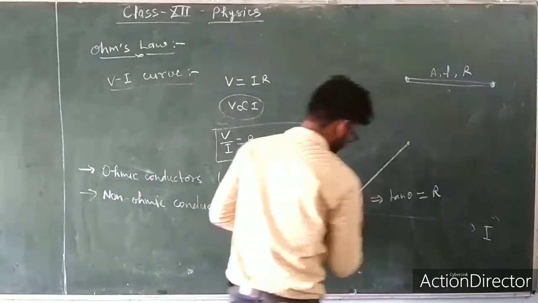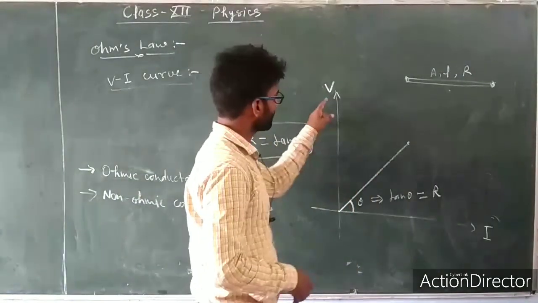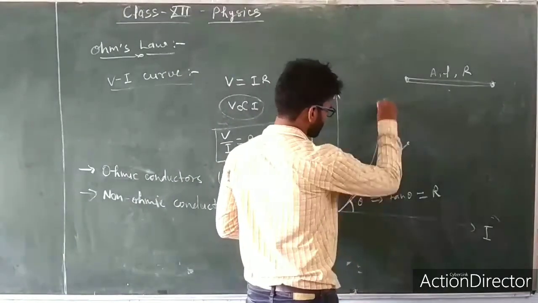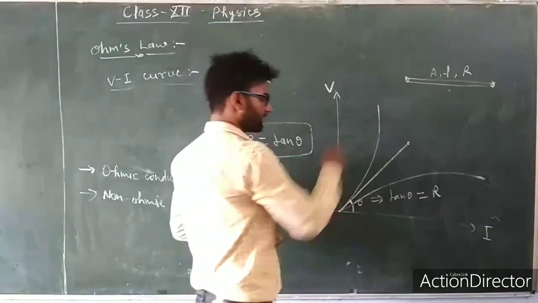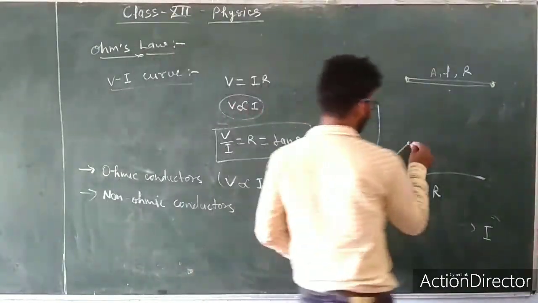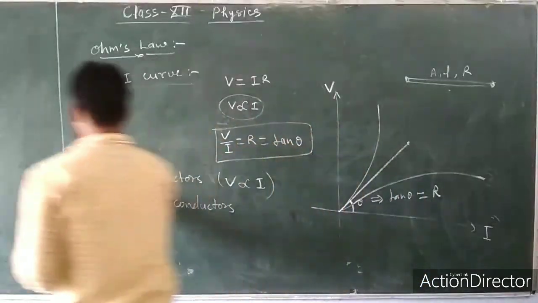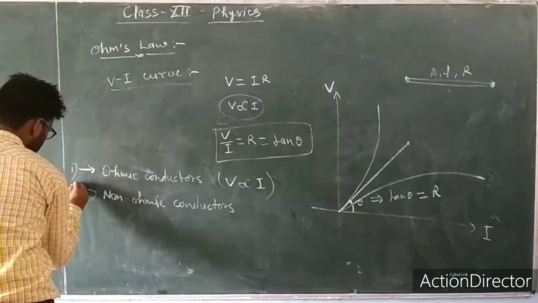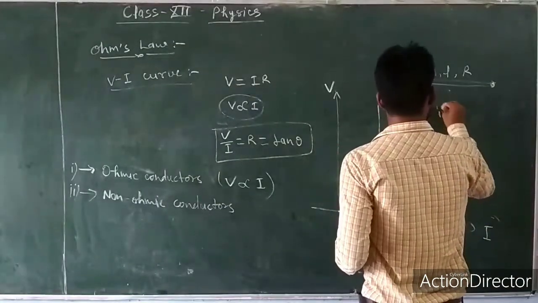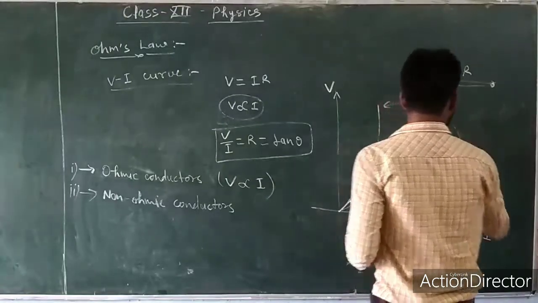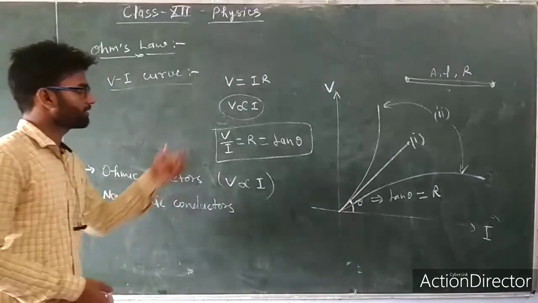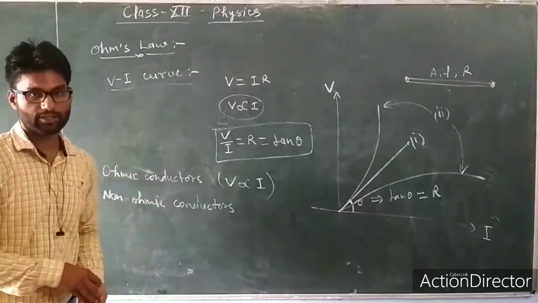If we draw the VI curve for non-ohmic conductors, it will be something like this or like this, anything other than a straight line. This is for the first one, ohmic conductors, and these are for the second one, non-ohmic conductors. Hopefully ohmic and non-ohmic conductors and the VI curve will be clear to all of you.